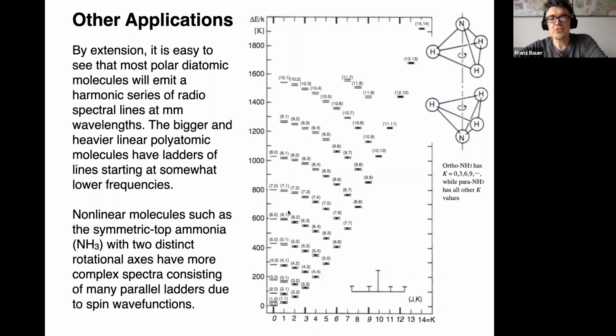I think this is just the ortho mode. And there's another wing here, which would be the para mode, which has slightly different energy levels. This is in J and K values, showing just the transitions, and this is in temperature now. These have lots of emission lines and can potentially be useful tracers of different aspects of the molecular clouds.